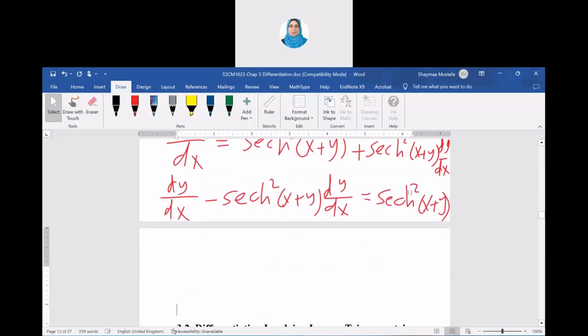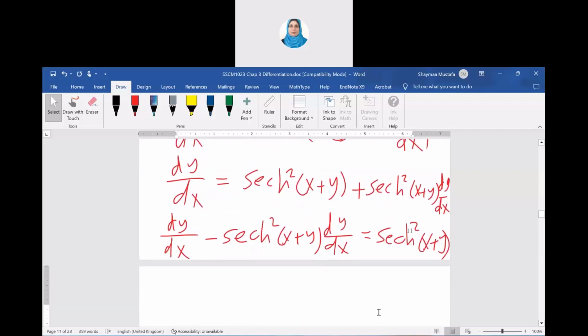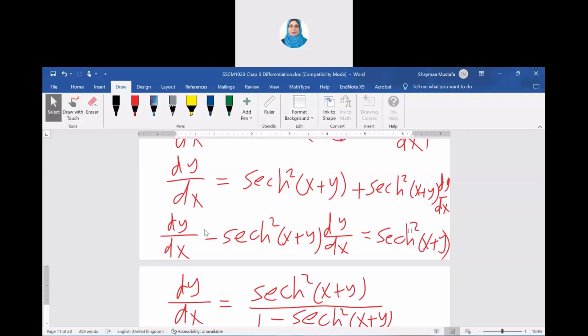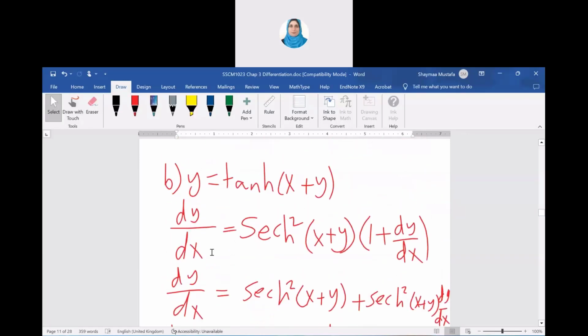Now I need to isolate dy over dx, so dy over dx will be equal to sec square x plus y divided by 1 minus sec square x plus y.